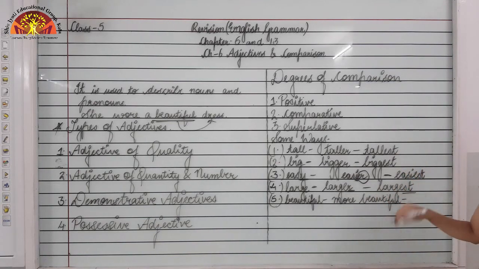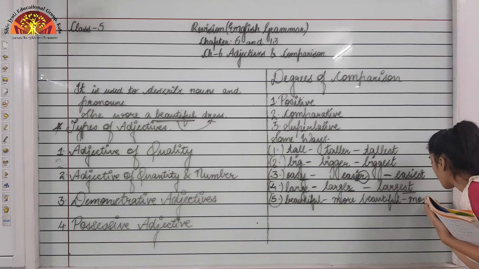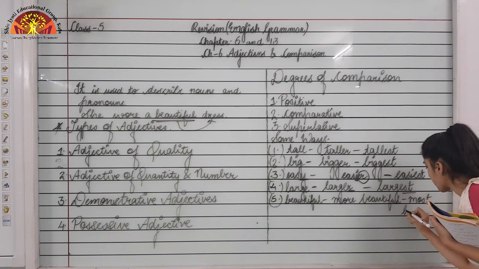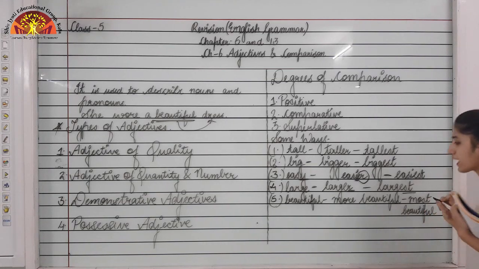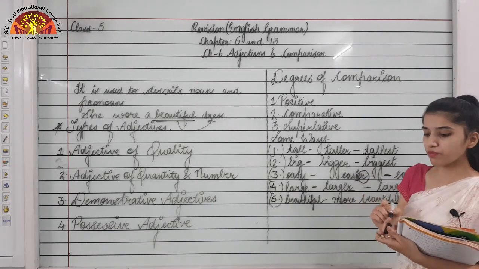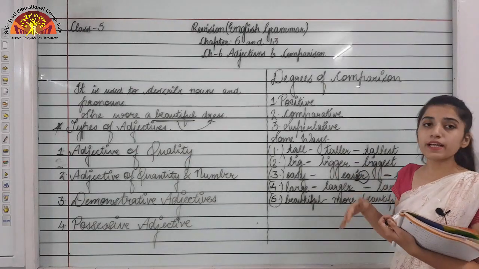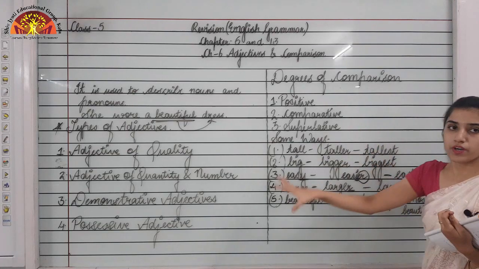and for the superlative degree we'll add most beautiful. Now seeing the last rule. To make the comparative or superlative degree, we will not follow these rules that we were learning now.